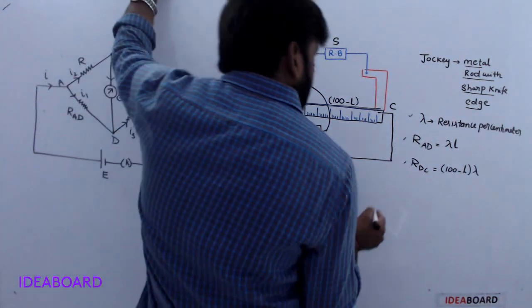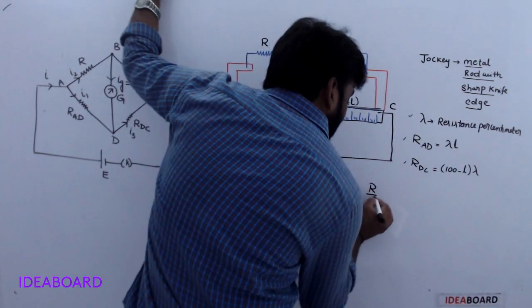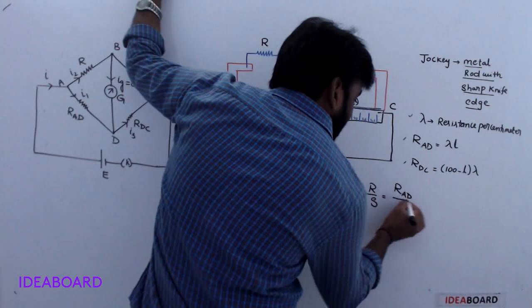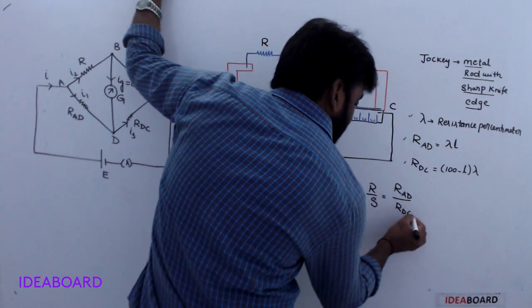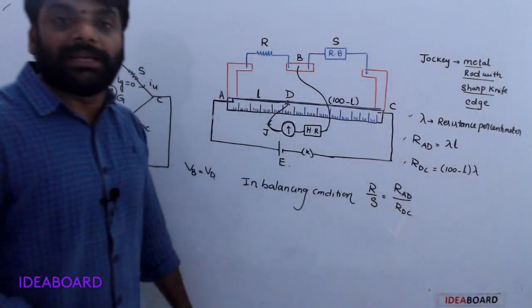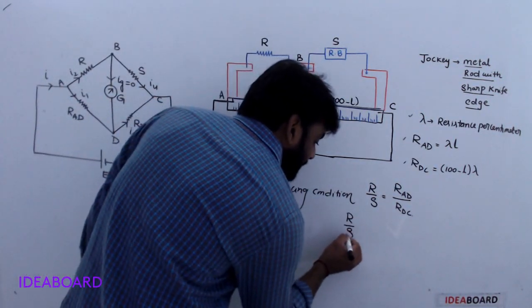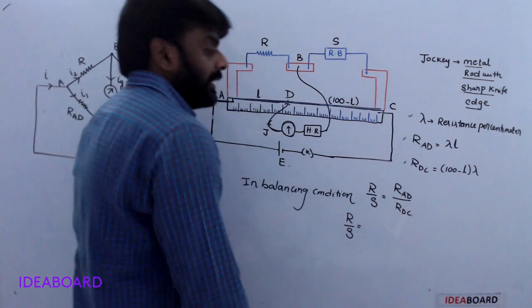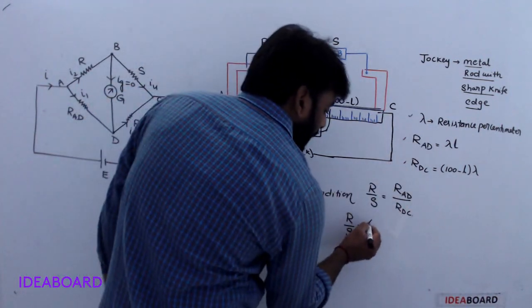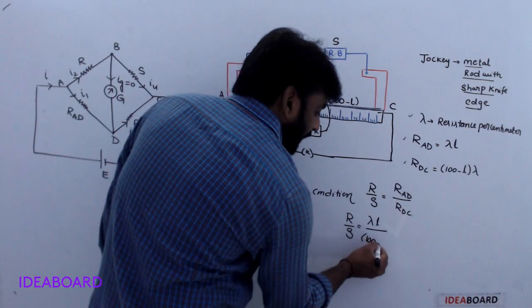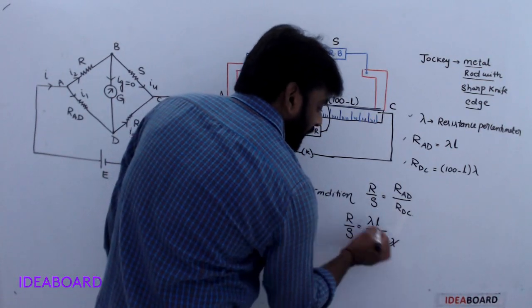In that case, R by S is equal to the resistance of AD by the resistance of DC, because of the balancing condition. R by S is equal to lambda into L by (100 minus L) into lambda.